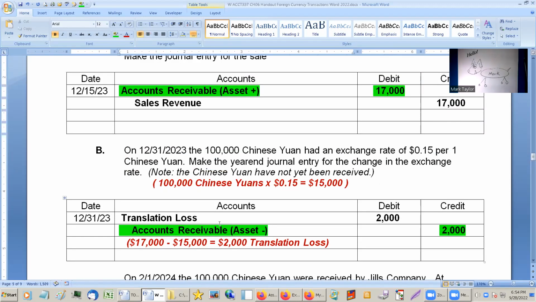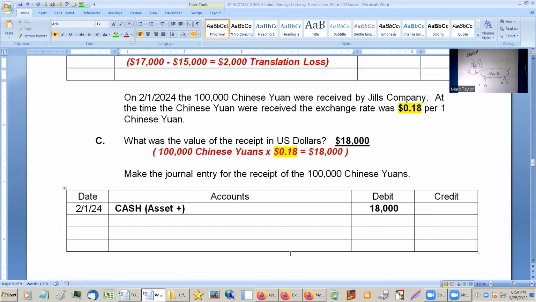After these first two journal entries, how much is left in our accounts receivable? $15,000. Yep. We have to take those off the books.